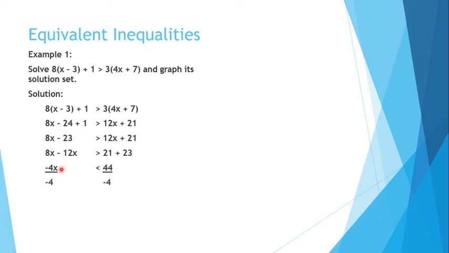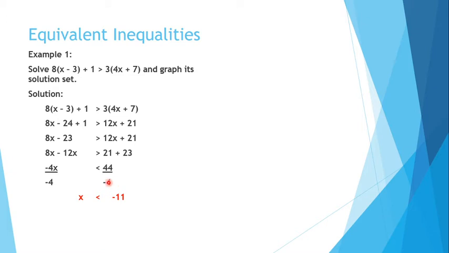And divide both sides by negative 4 for us to get negative 11. Now as you can see, our symbol here has changed. Why did it change? Take note of this, class.